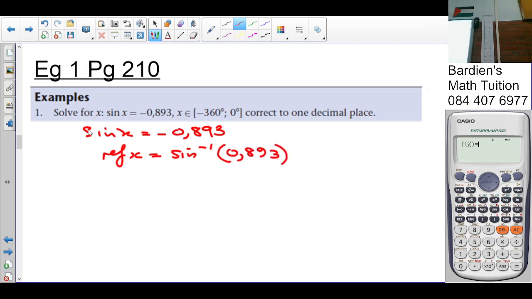What do you notice? You notice you can use a calculator, yes? What else do you notice? I drop the sign. I don't say negative 0,89.